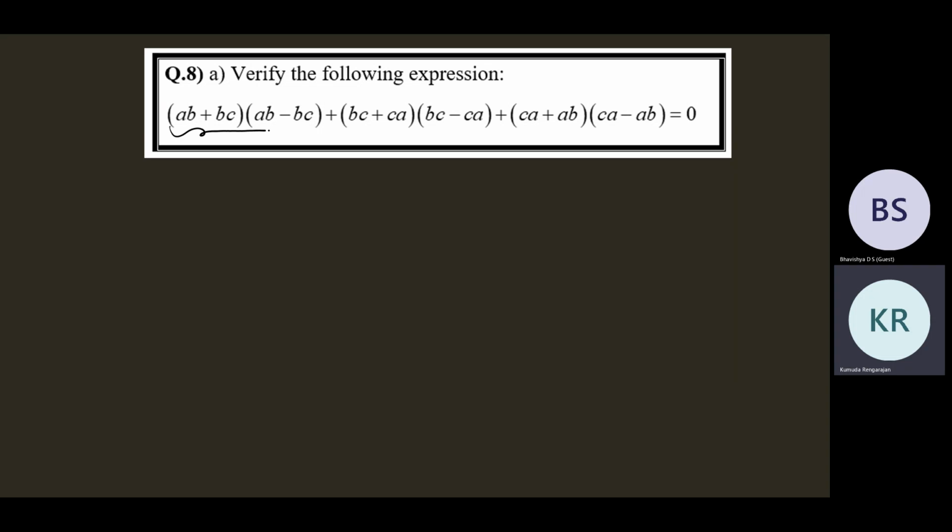AB plus BC into AB minus BC, BC plus CA into BC minus CA, CA plus AB into CA minus AB. It's like this, Bhavishya. I'll give you a numerical situation for this.